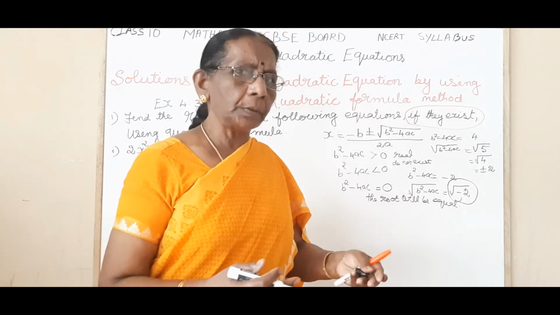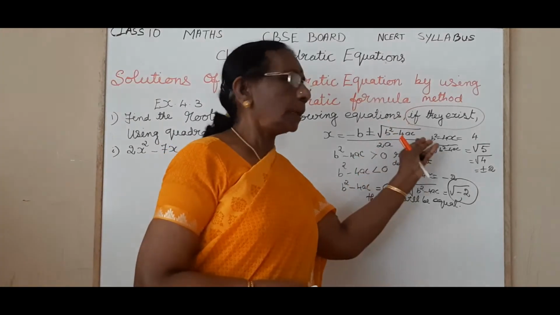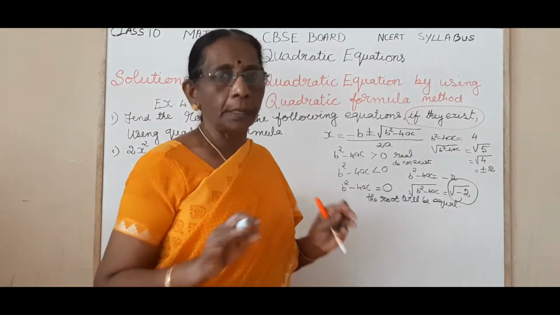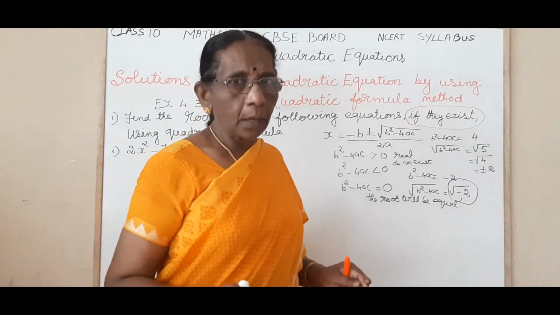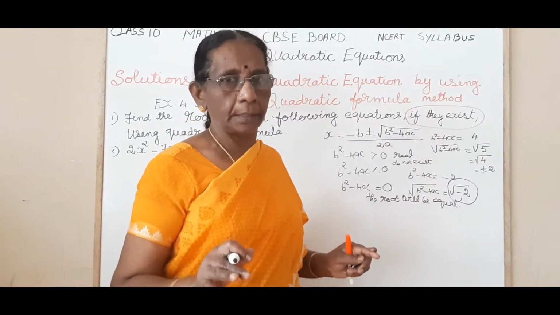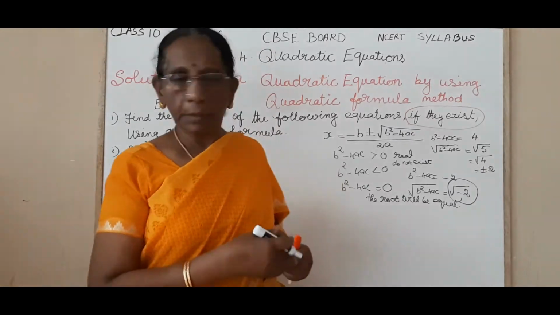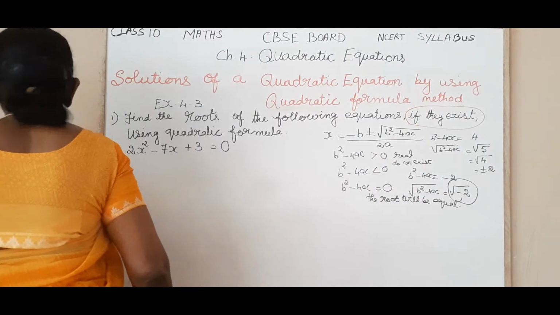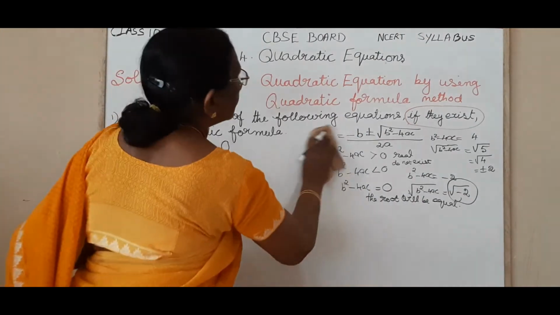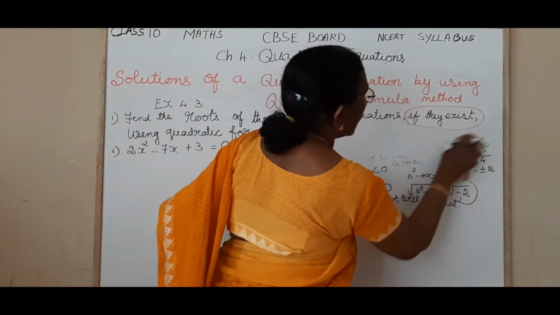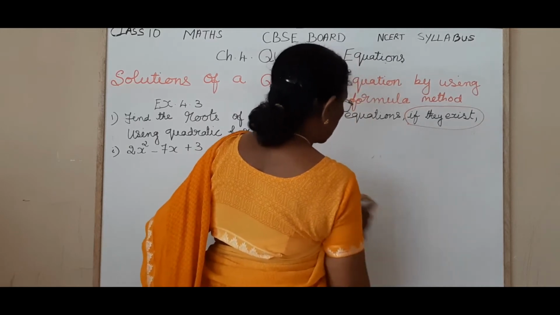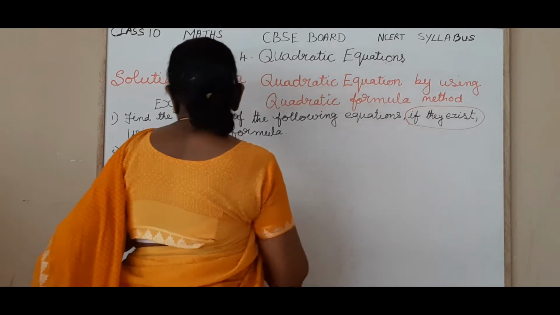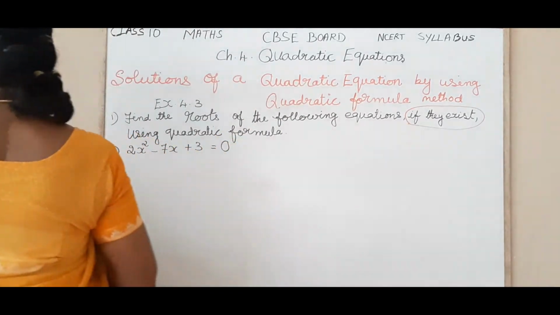If it is positive, you write yes, they exist. If it is negative, you just write they do not exist. Is it clear, children? So you should know these three conditions. Now using this, we are going to write the answer for "if they exist". For that, you have to calculate b squared minus 4ac and check whether you have real roots or the roots do not exist.